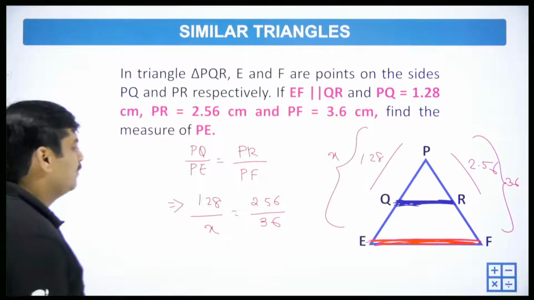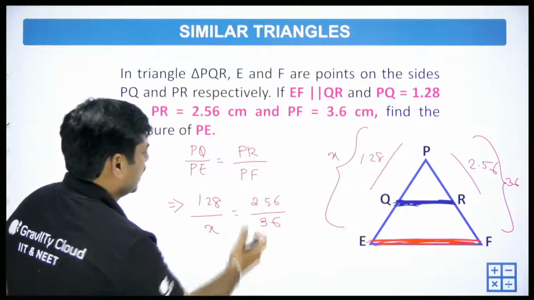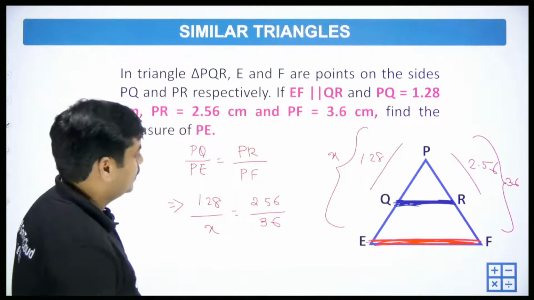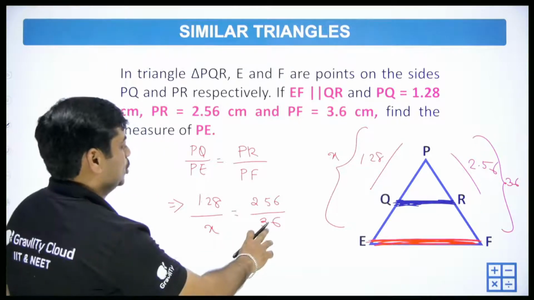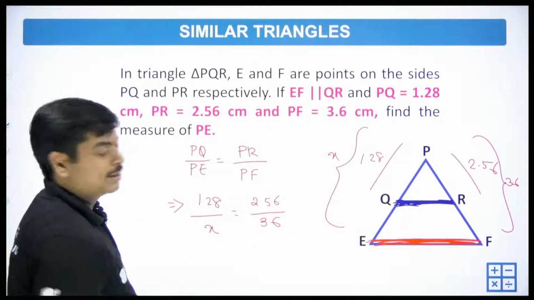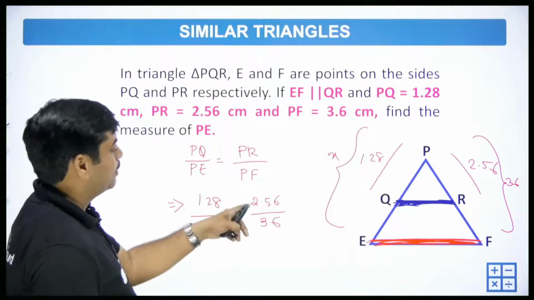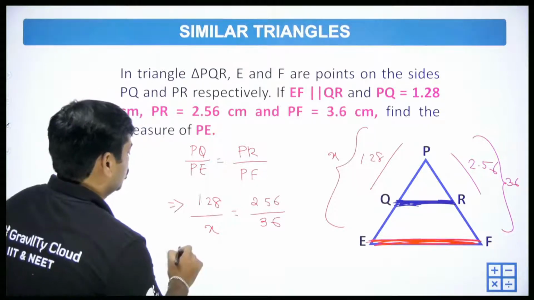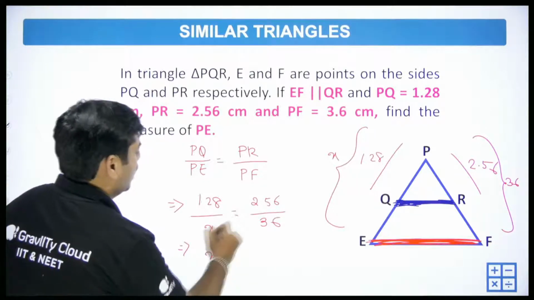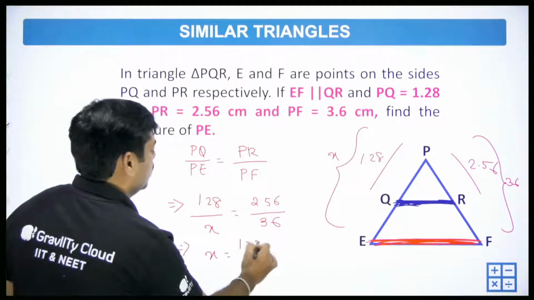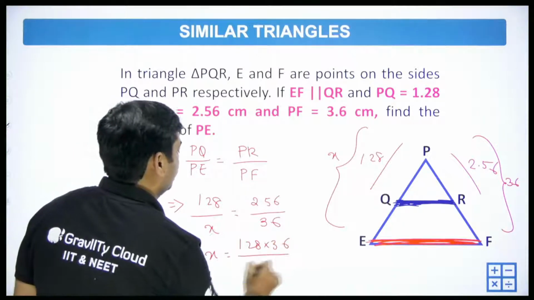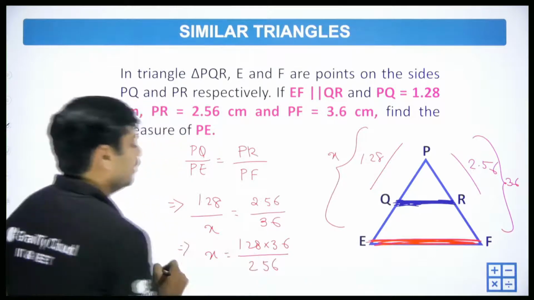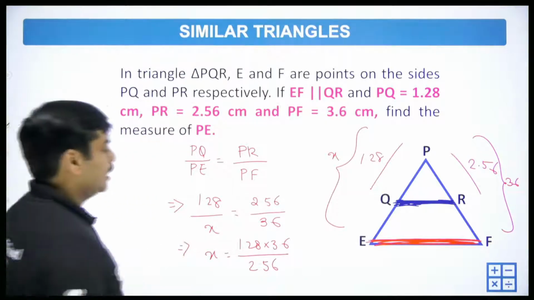Okay. So can we cancel? Maybe with 30, I think we can cancel that with 6. So X is equal to 1.28 into 3.6 by 2.56, right? So let me multiply by 100 by 100.